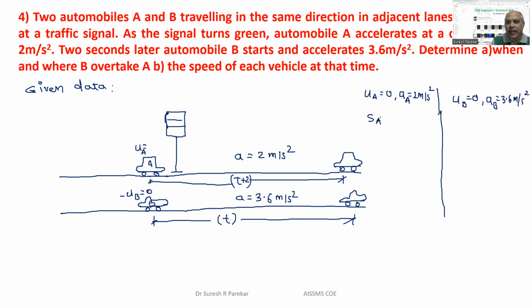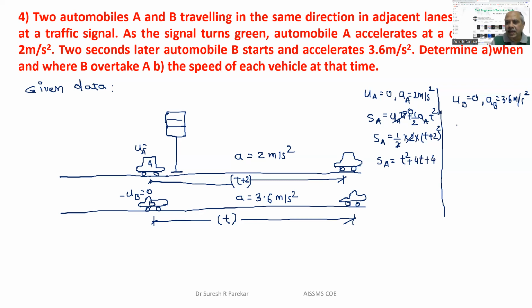Now we have SA equal to UAT plus half AAT square. Now UA is 0. So we have SA equal to half, AA is 2 and T is T plus 2 whole square. Now this 2 gets cancelled and we will get SA equal to t square plus 4t plus 4.